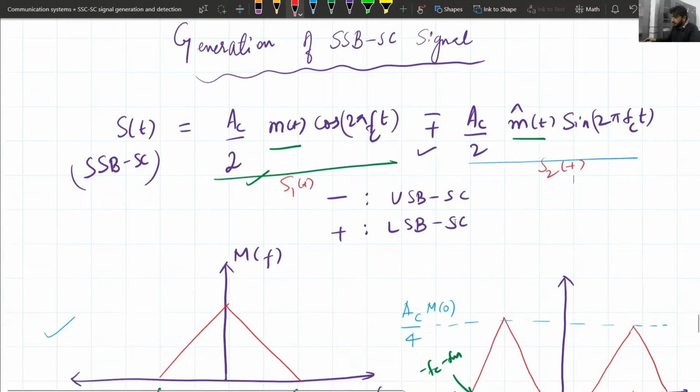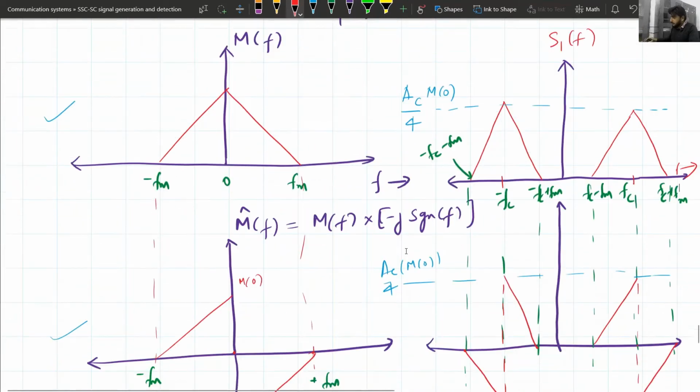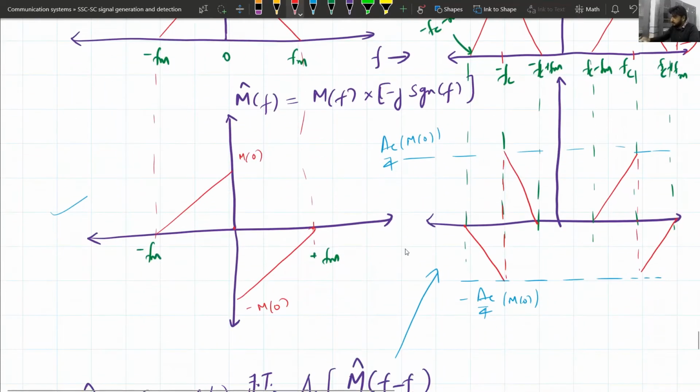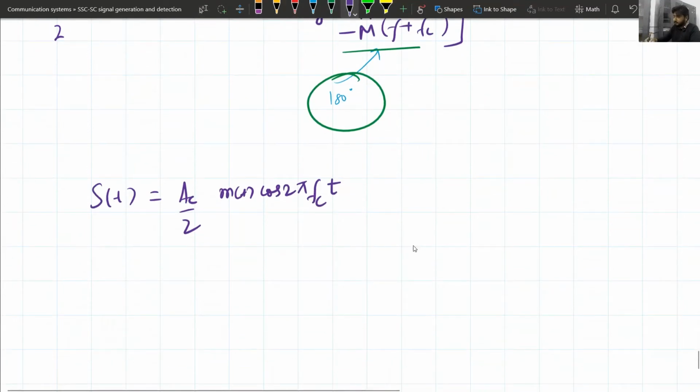Then correspondingly this will be S1 in the frequency domain and similarly this will be S2(f) in the frequency domain.